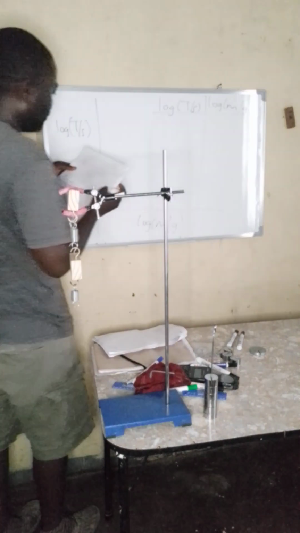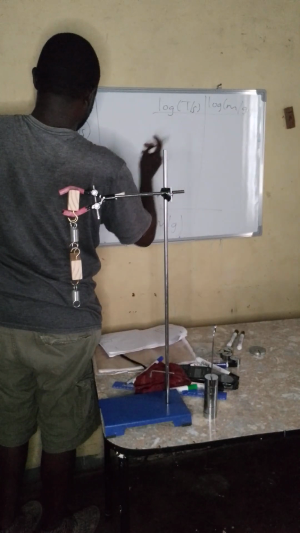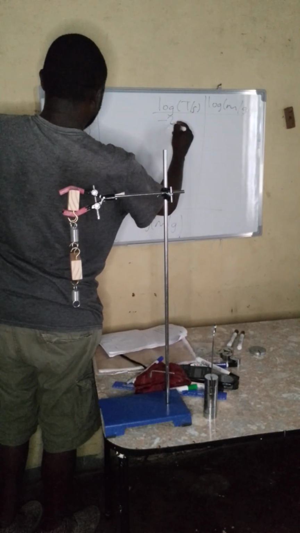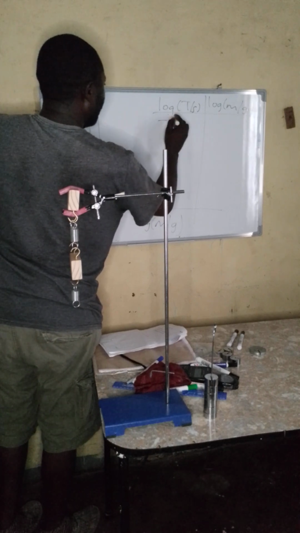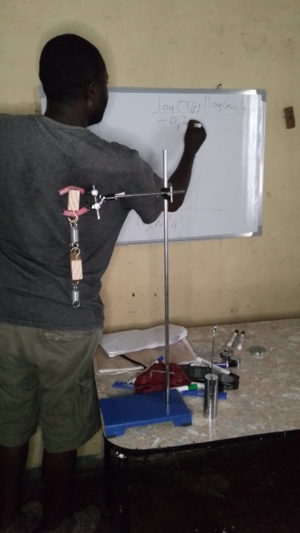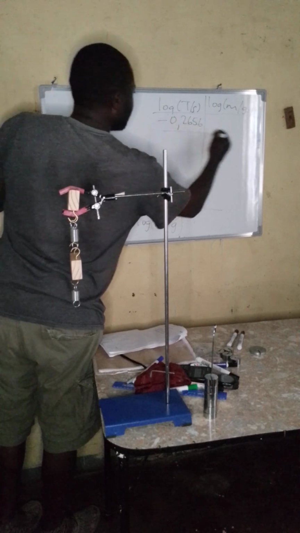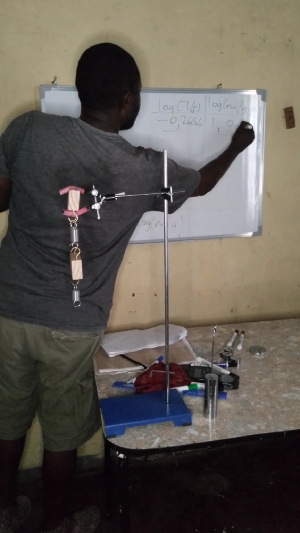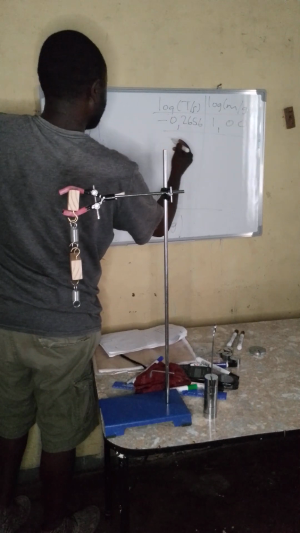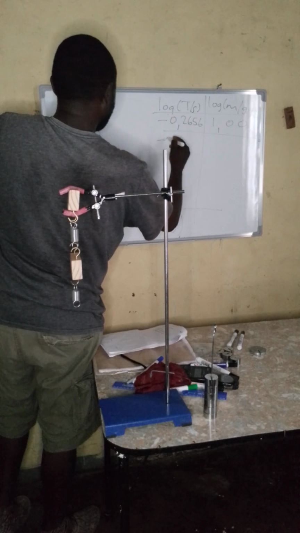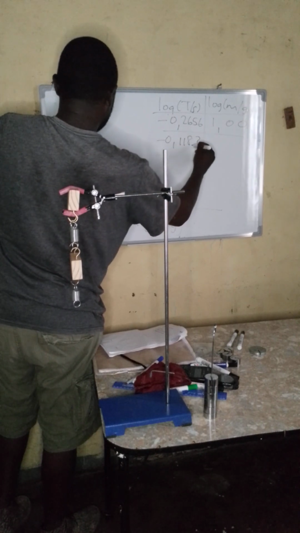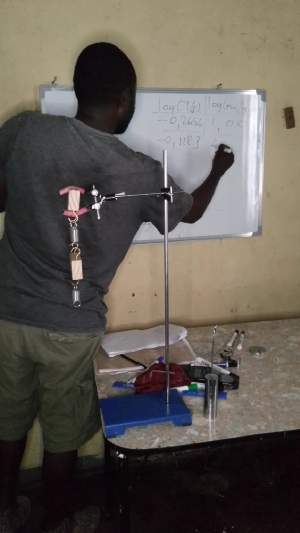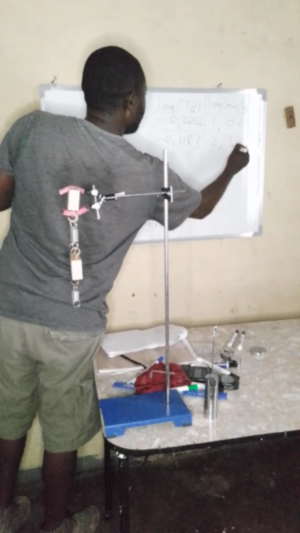So we have minus 0,2656, and the corresponding value was 1,00. Then we had minus 0,1183. The corresponding value was 2,301.